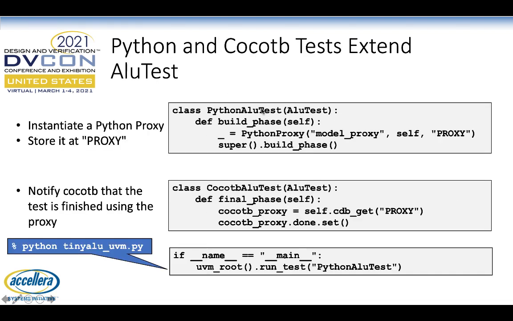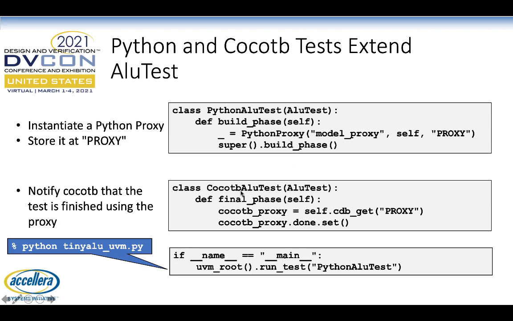The Python ALU test extends ALU test. It creates a Python proxy. It is a UVM component, so we give it a name, we give it a handle to ourself, and we give it a label that's going to go into the config.db proxy. And then we call super.build phase to get the build phase from above.